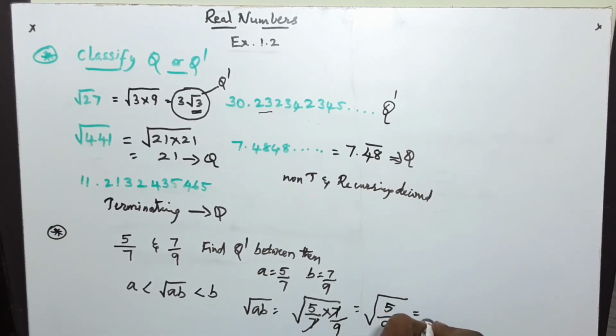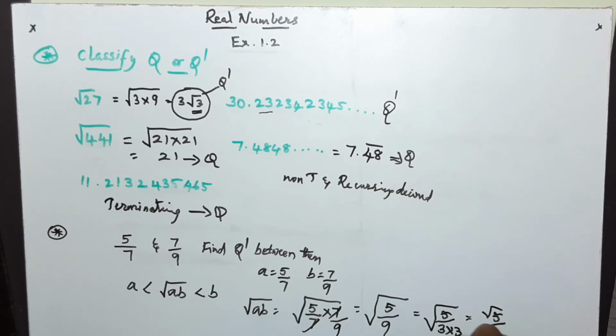This can be written as root of 5 by 3 into 3. Root of 5 by a square, which is a perfect square, so the answer is root 5 by 3.